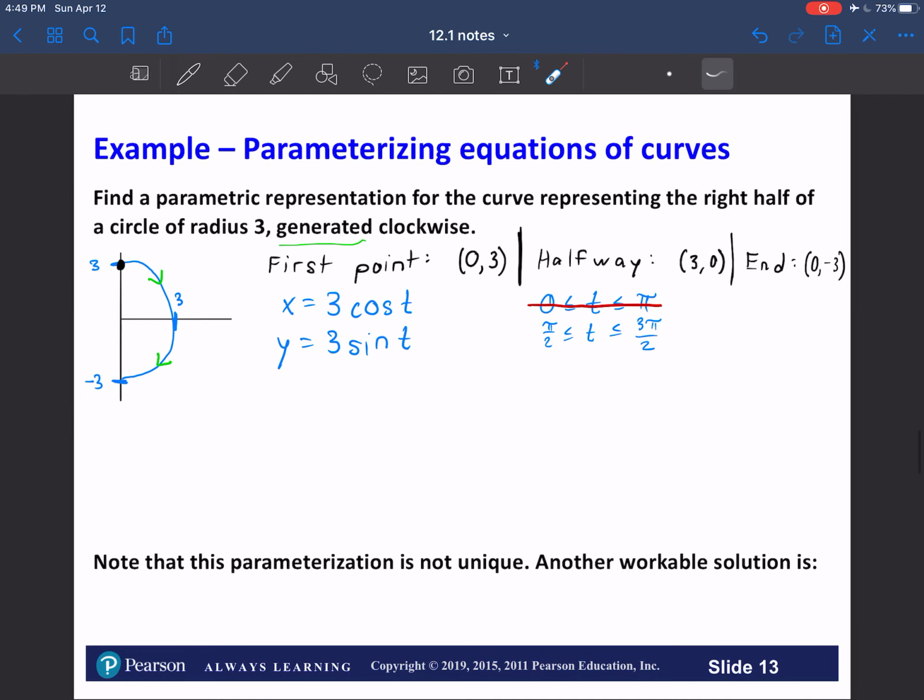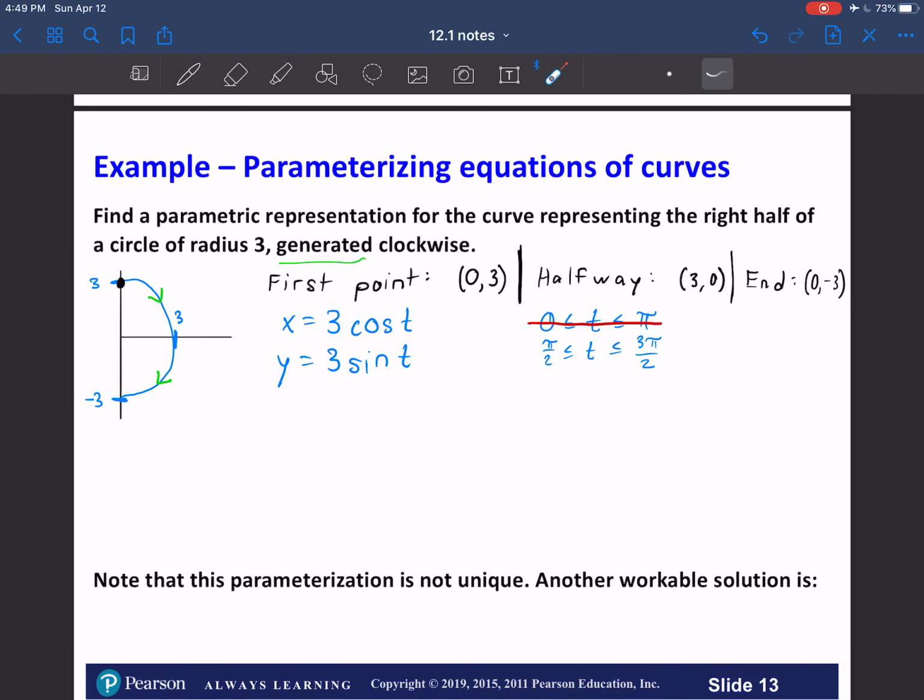And so we would start to trace out this curve. And then at 3 pi over 2, we would get 3 times cosine of 3 pi over 2, which is 0, and 3 times sine of 3 pi over 2 should be -3.